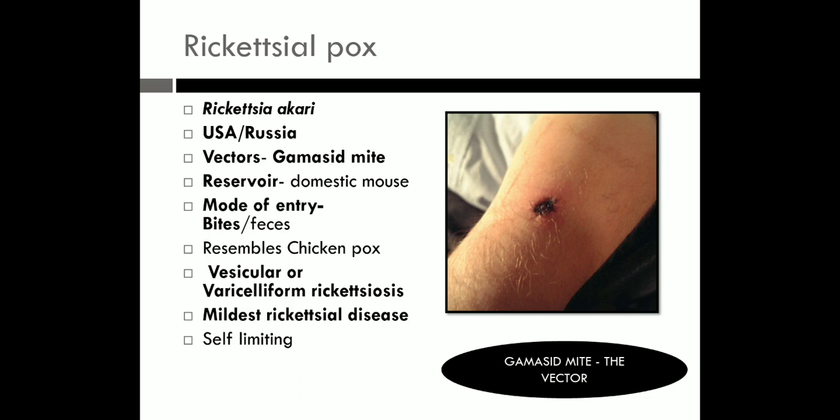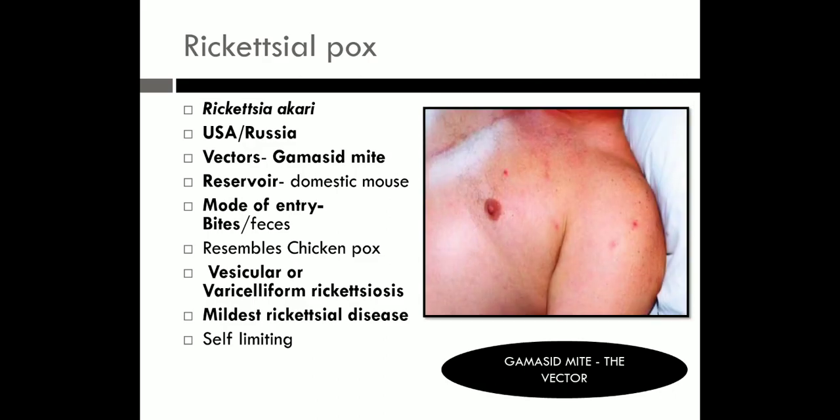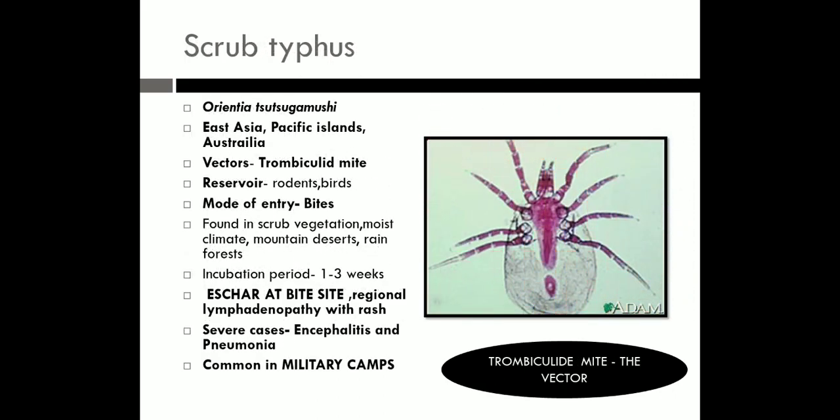So, the features that distinguish this particular infection from the other rickettsial infections is that you have vesicular rashes, eschar, and regional lymphadenopathy. This particular infection is also endemic in USA, Ukraine, Turkey, and Mexico. So, this is the characteristic rash.